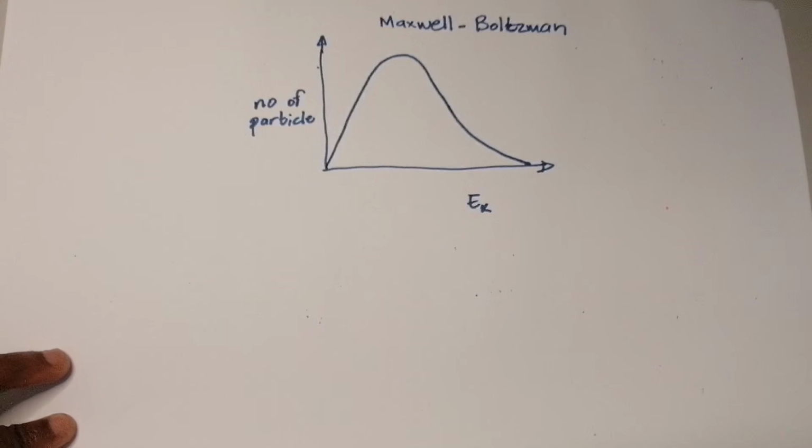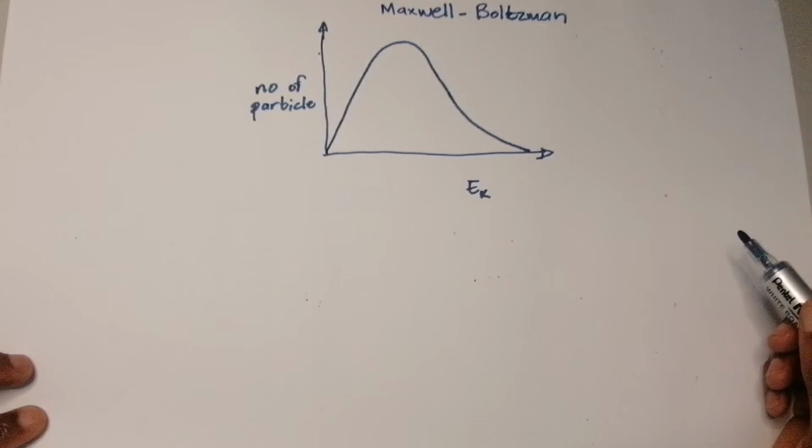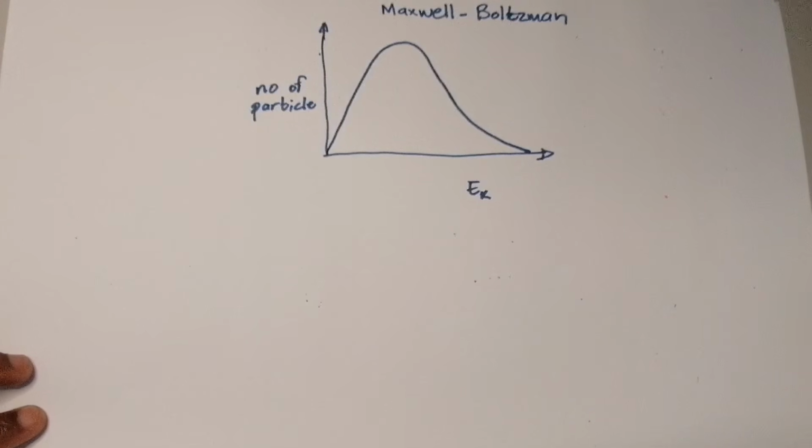Just to make you understand quickly what's happening on this curve: we spoke about temperature being the average kinetic energy of a molecule. Let's say these are particles at a particular atmospheric temperature, say 25 degrees.